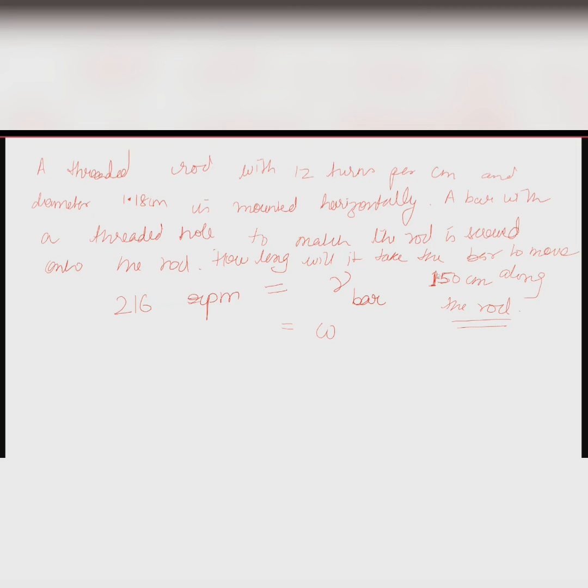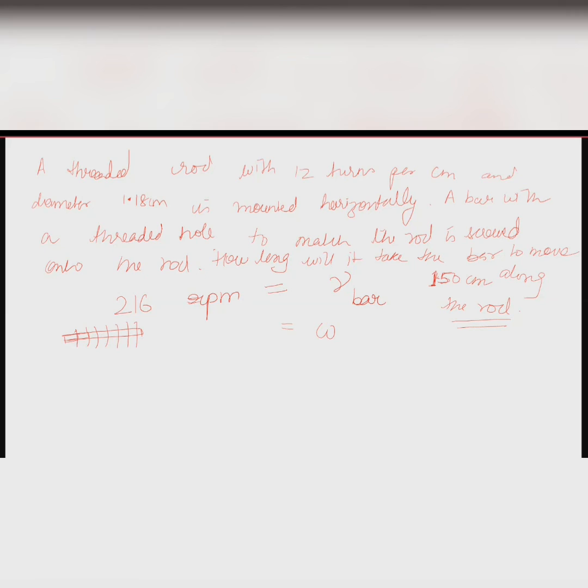So in each turn, obviously it is going to move forward by some distance. What they are asking is what time will it take for the bar to move by 1.50 centimeter. So in this type of question, first we find the distance between each thread. This is our screw, it has various threads on it.